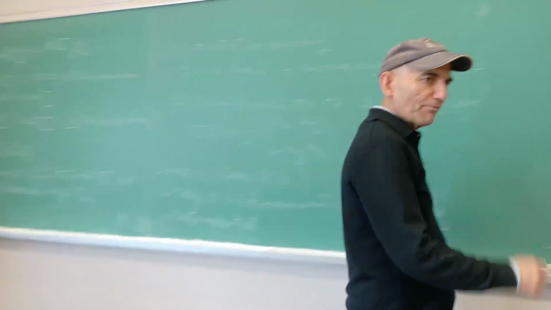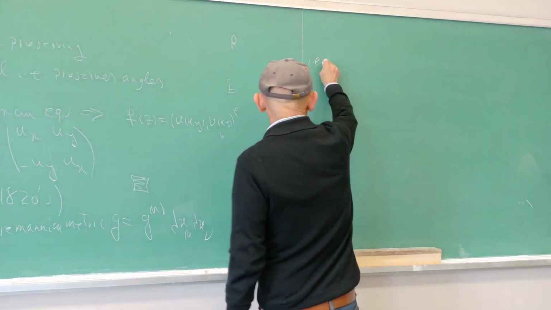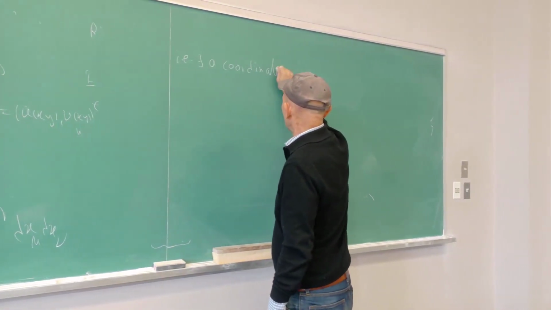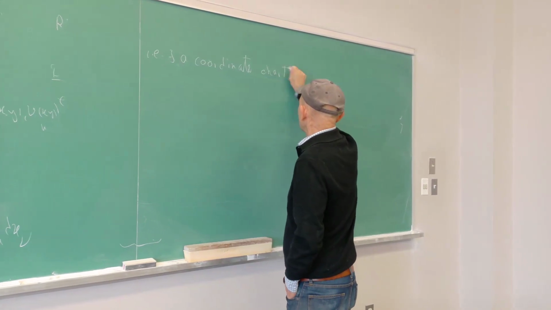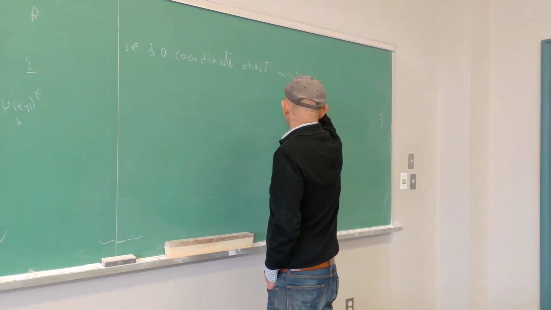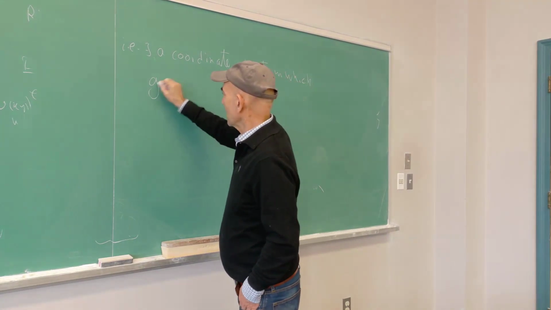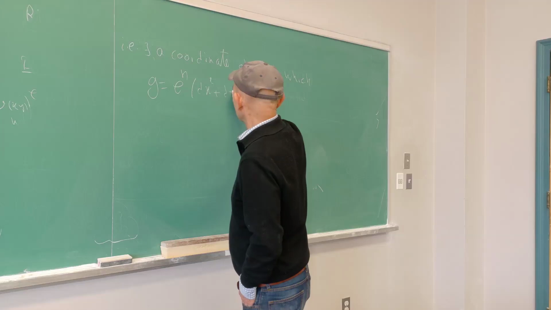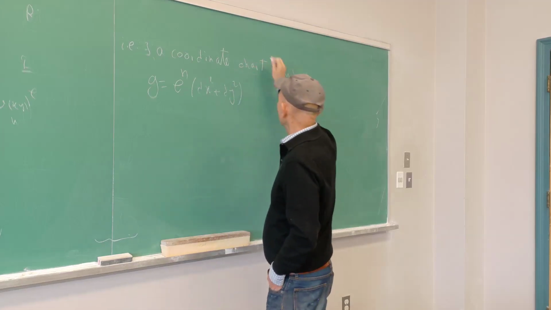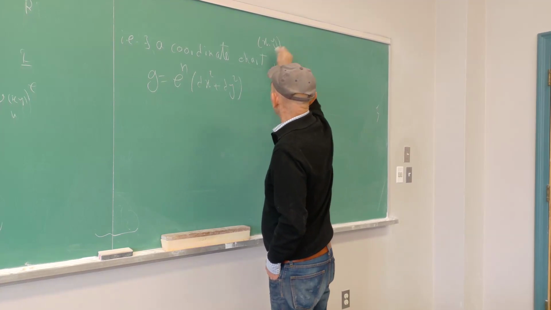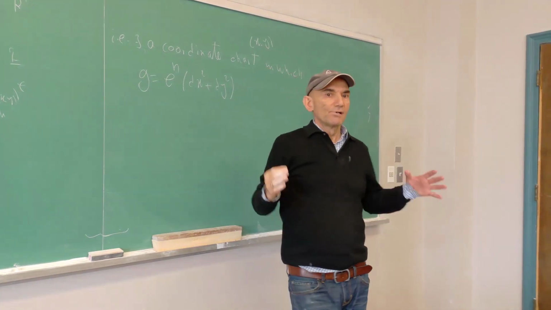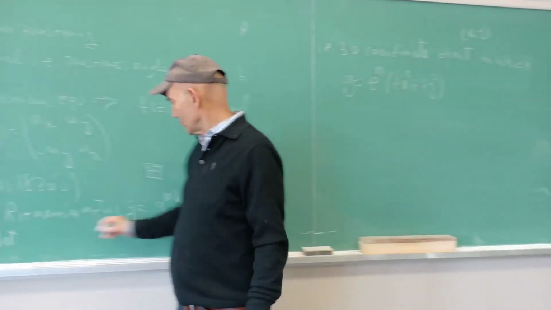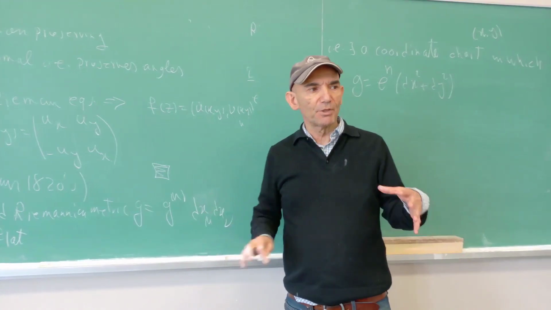So what does this mean? Conformally flat means that there exists a coordinate chart x and y in which g is actually of the form e^h times (dx² + dy²). Here, it looks like you have 4 degrees of freedom in the metric, right?